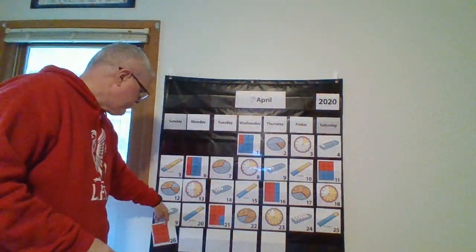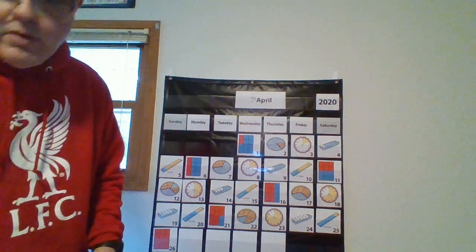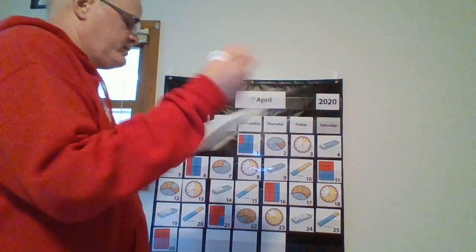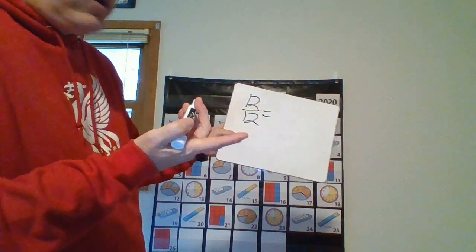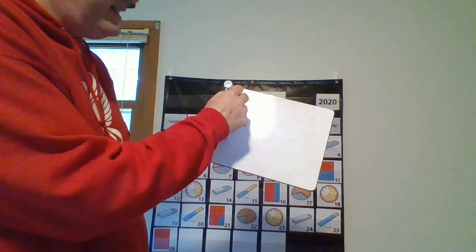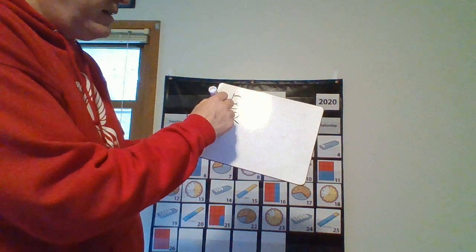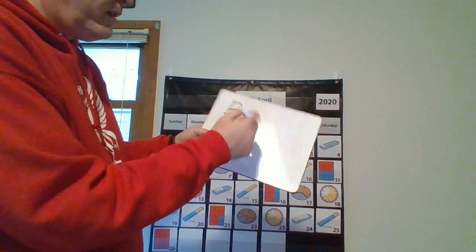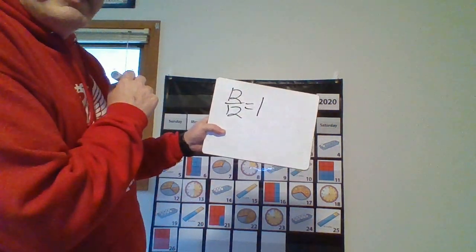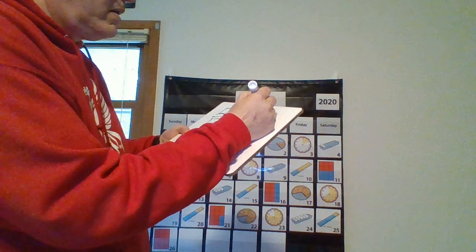So what's an equivalent fraction for 12 out of 12? What does that equal? That's a whole, right? 12 pieces of pizza have been eaten, and we were talking about 12 altogether. So an equivalent fraction is 1.